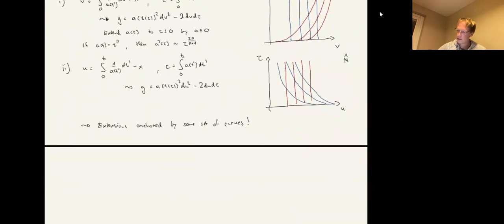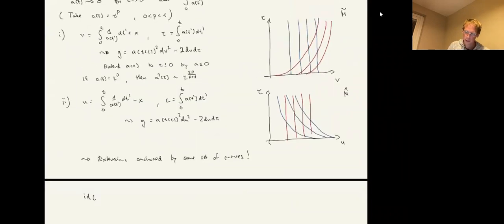And so you can see this by writing down the identification map, which again is a map here from m tilde to m hat. So here in the tau v coordinates from m tilde, it takes the form like this. Yeah, so this here is just u.